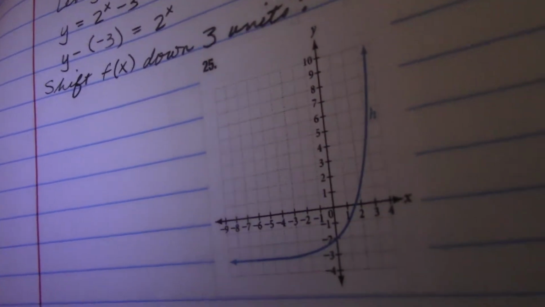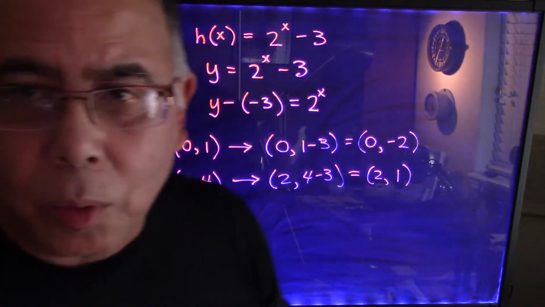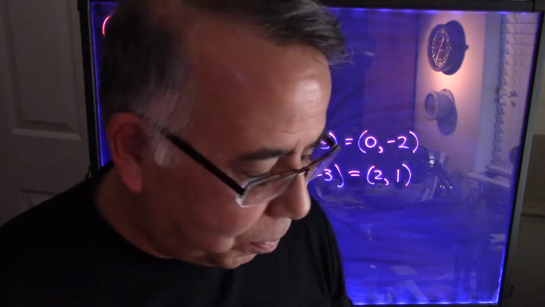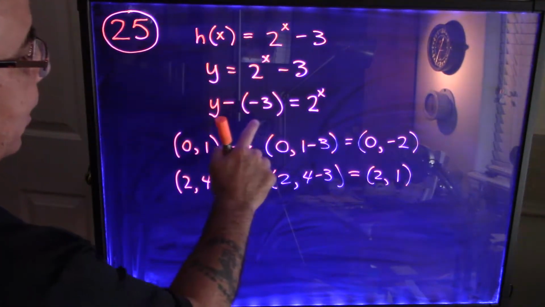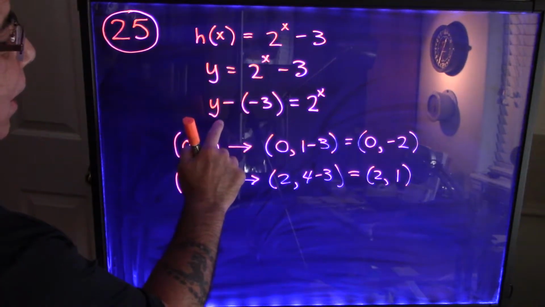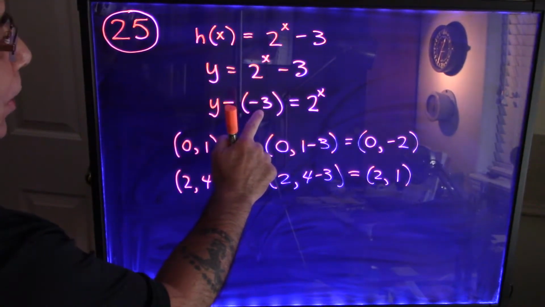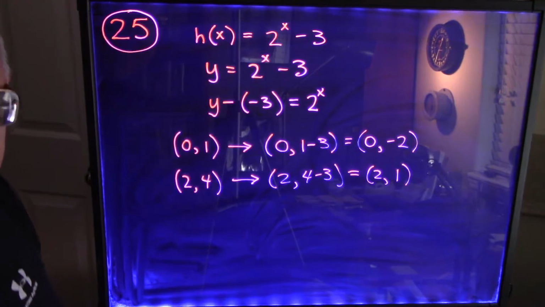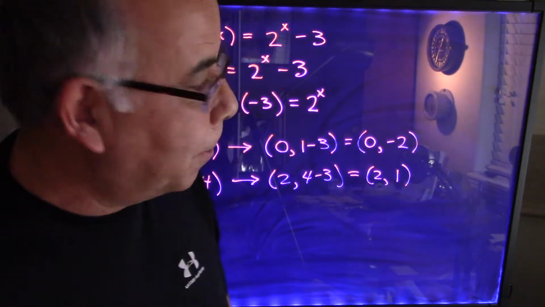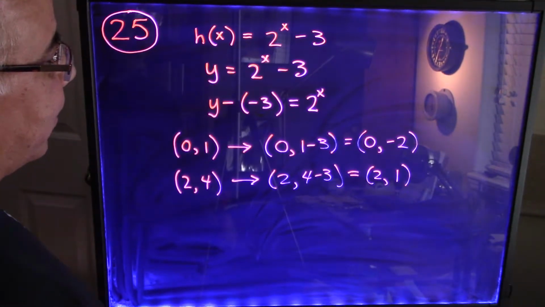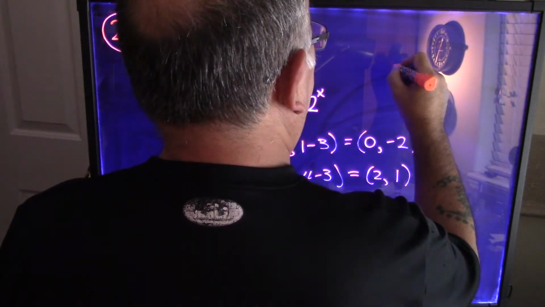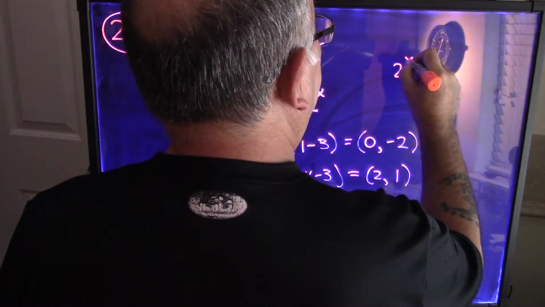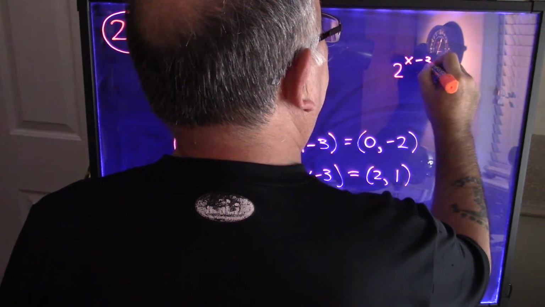Okay, so you can plot those 2 points and then use those as guidelines when you draw the rest of the graph. You can pick other points as well and do the same thing. Since this is next to the y, this number here, you just add that to all the y coordinates on the original graph, and it's pretty simple. If, let's say you had 2 to the x, but the minus 3 is up there with the x.